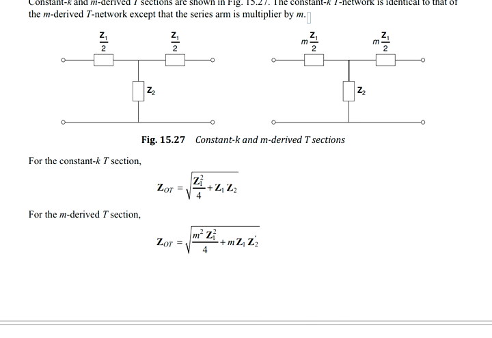Here the shunt impedance is also changing, right? So it should be Z2 prime here. It is not clearly mentioned in the textbook. So now we are changing both the series arm impedance as well as the shunt arm impedance to get m-derived filters. That's why we have replaced Z2 with Z2 prime in the characteristic impedance equation that can be seen here.